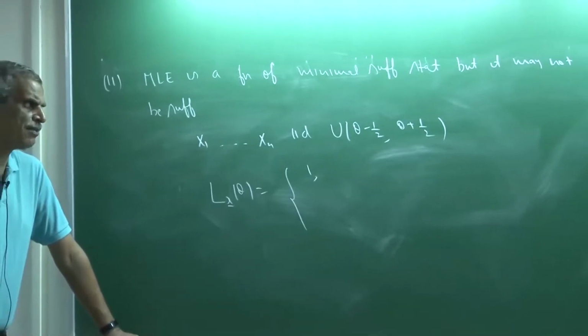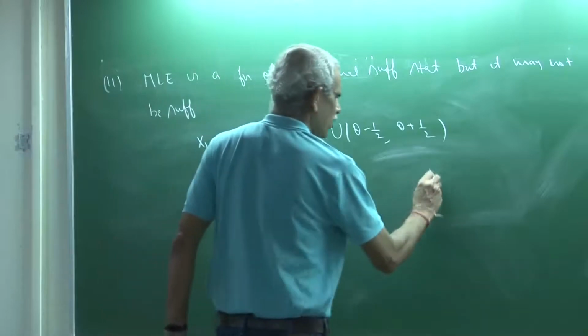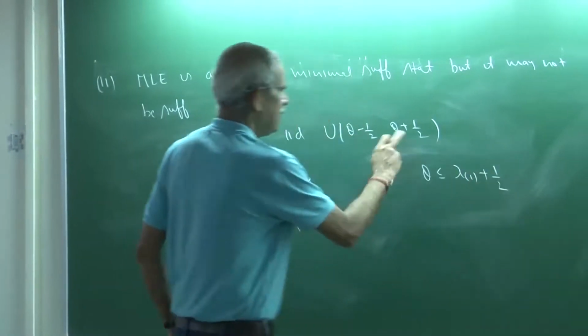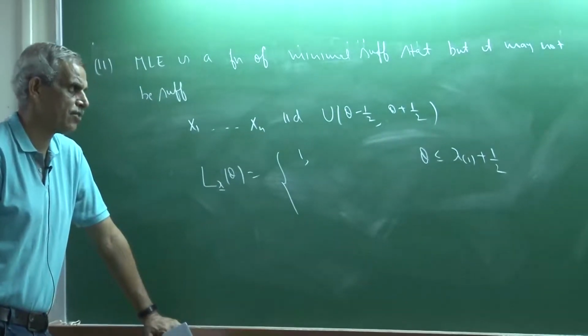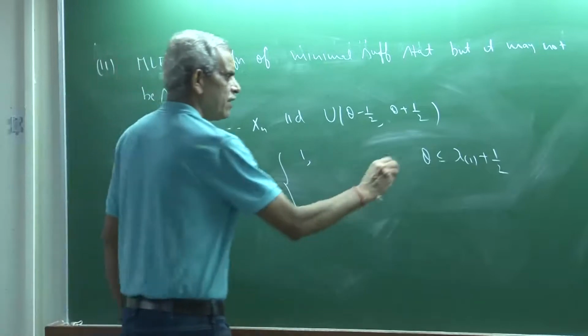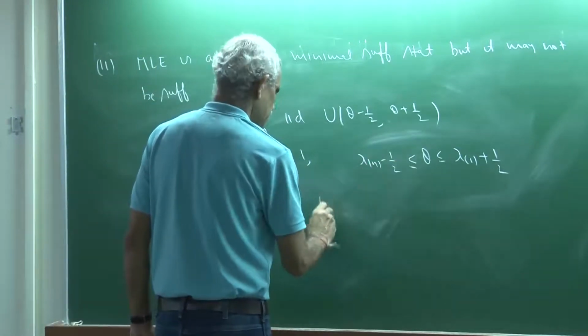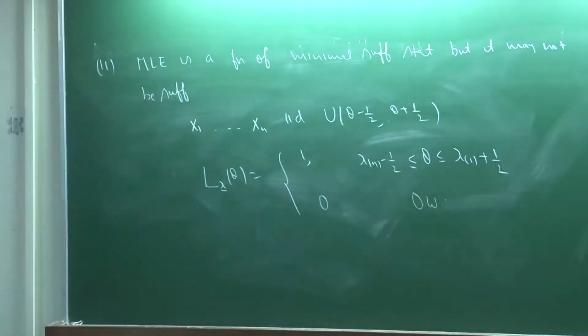Xi is greater than or equal to theta minus half, that means the minimum is greater than or equal to theta minus half, so theta is less than or equal to minimum plus half. Each xi is less than or equal to theta plus half, that means the maximum of xi is less than or equal to theta plus half, or in other words, theta is greater than or equal to xn minus half. 0 otherwise.